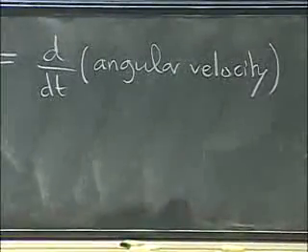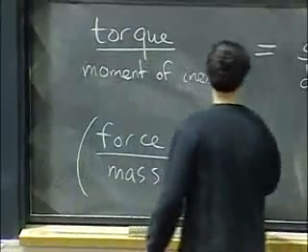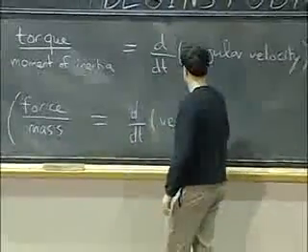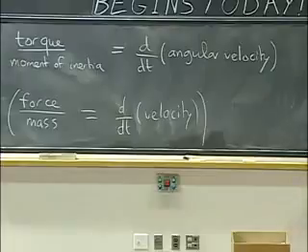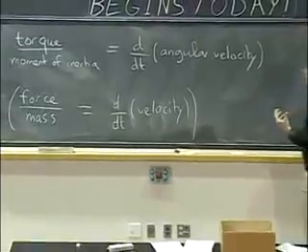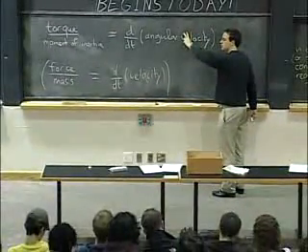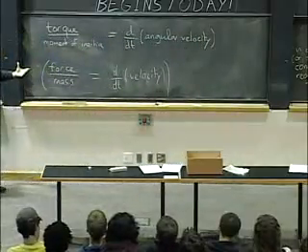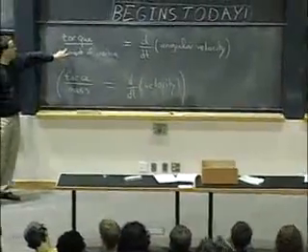That's the analog of force divided by mass equals acceleration, which is d dt of velocity. And so now you see, if the curl of a velocity field measures the angular velocity of its rotation, then, by this analogy, the curl of a force field should measure the torque it exerts on a mass per unit moment of inertia.